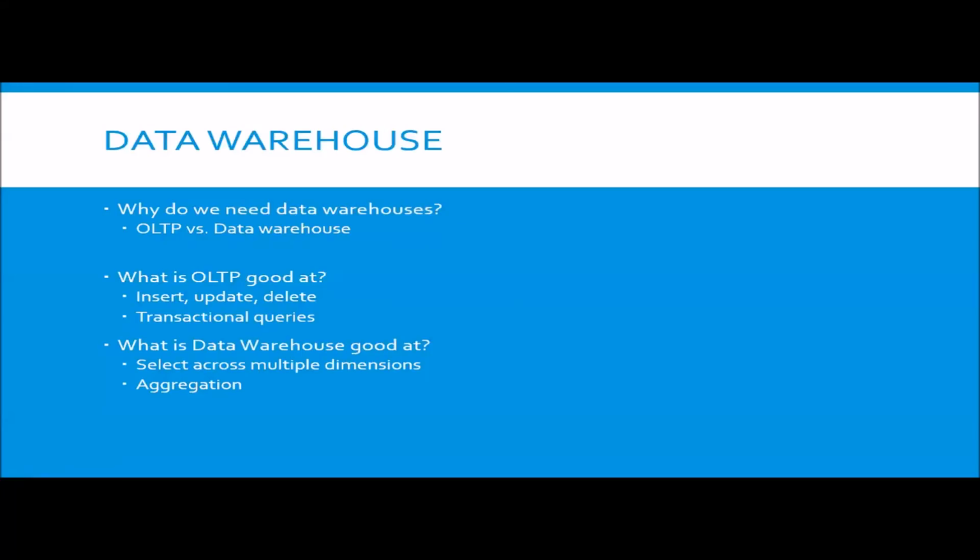Data warehousing in and of itself is a kind of data mining, and a lot of organizations have used it to great advantage. I think one of the examples that they give is Walmart, right?